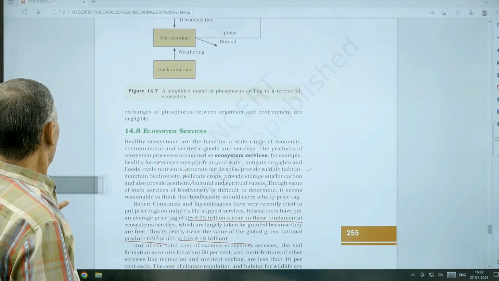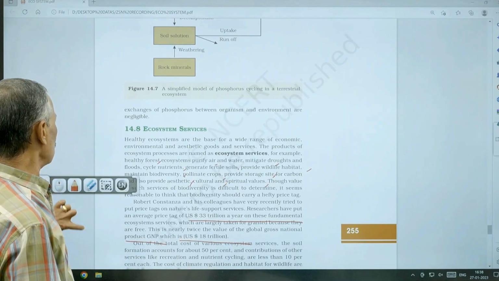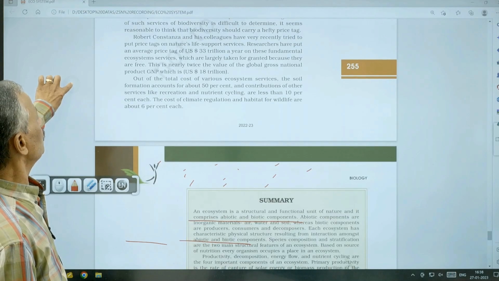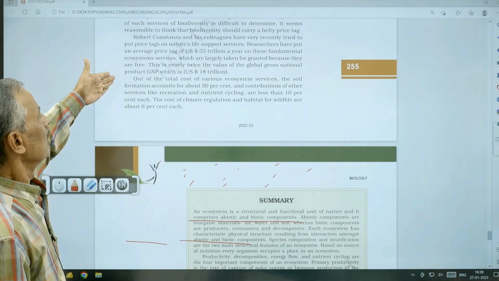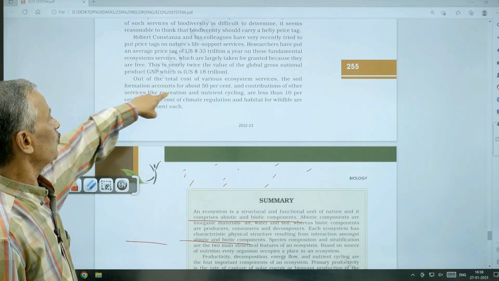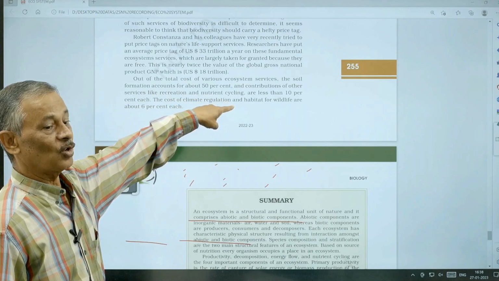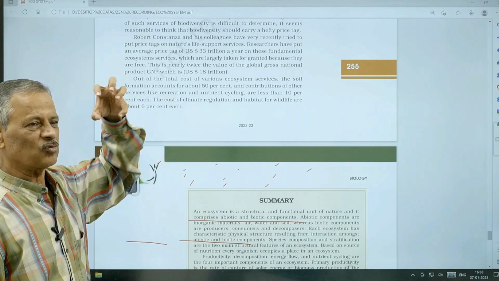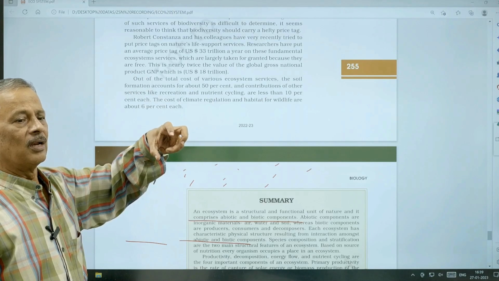And of this, which is the most costly product of nature? Soil. Because soil formation accounts for 50%. So soil is the most precious material.